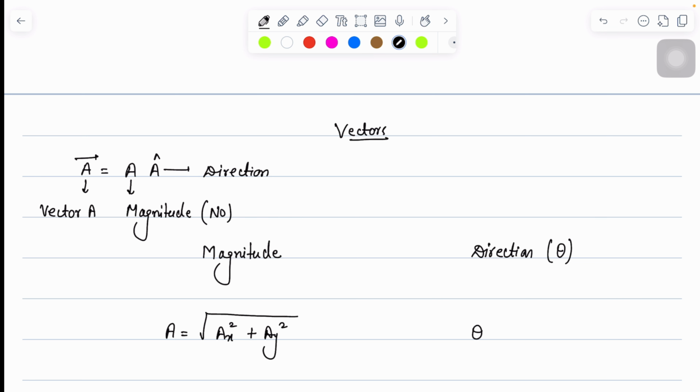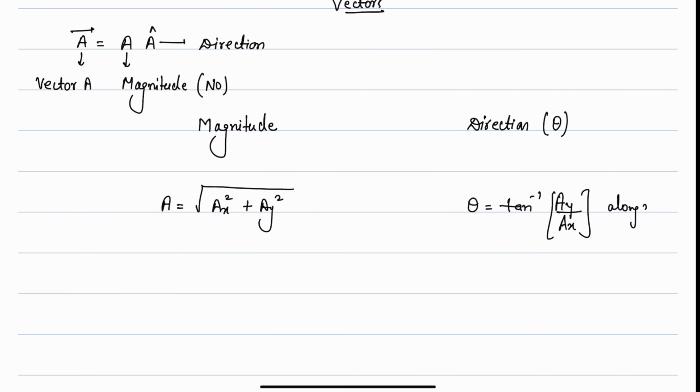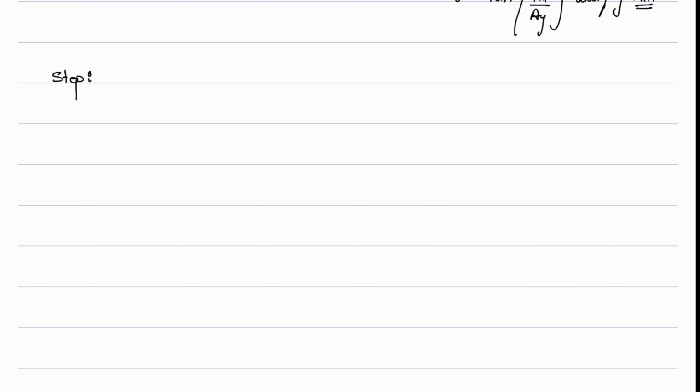For direction, theta equals tangent inverse ay divided by ax, along the x-axis, and theta equals tangent inverse ax over ay, along the y-axis. Clear guys?